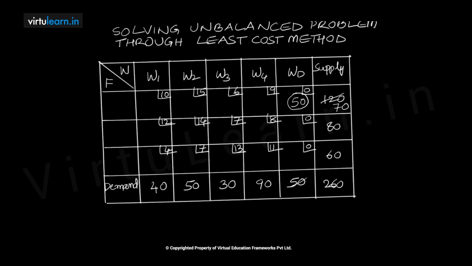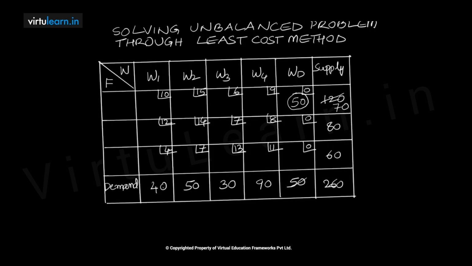Now we have to check the remaining table, where we have to observe the lowest cost. In the entire table, 4 is the lowest cost. So here we will allocate as much as possible.